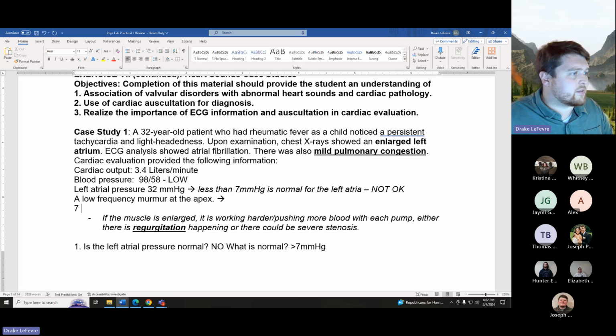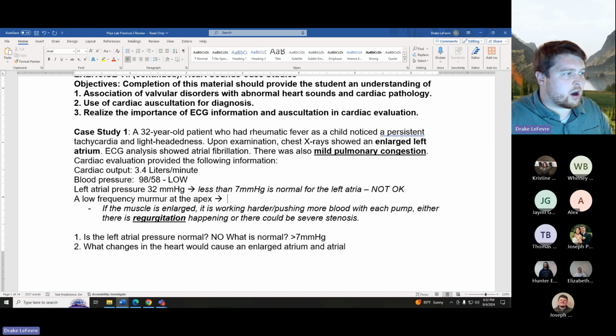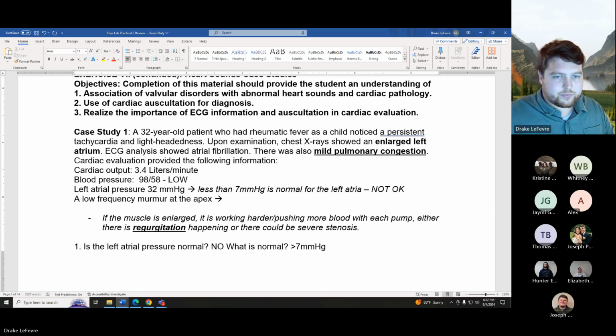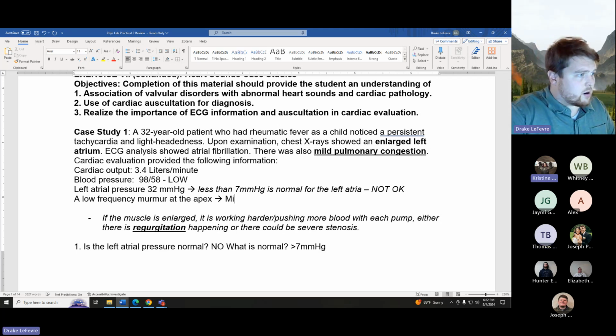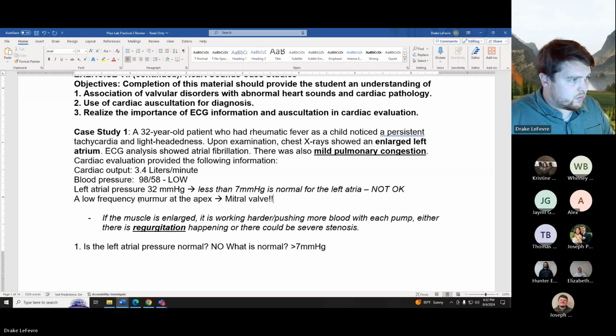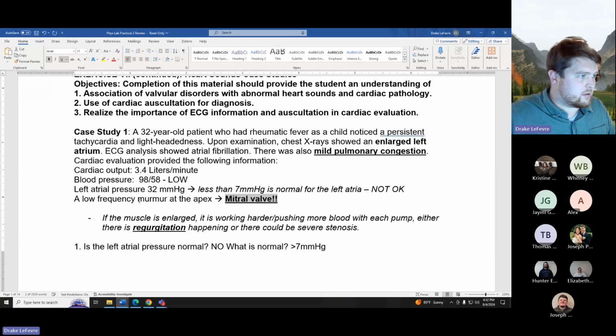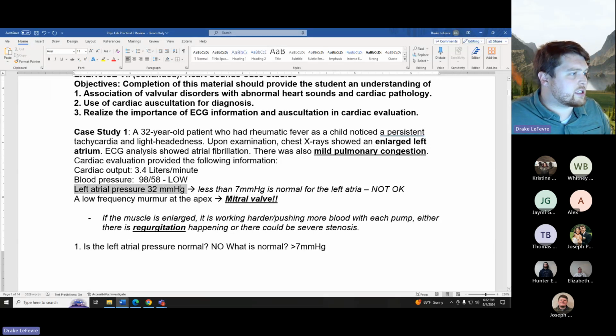Listening at the apex of the heart, can anybody tell me what valve we're listening to at the apex of the heart? The mitral valve. Yeah, so our mitral valve, which again, all fits because we have left atrial pressure is high.